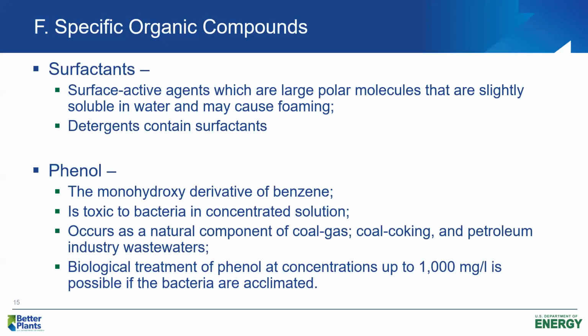But if the bacteria have an opportunity to become acclimated to phenol and get used to it, then typically in activated sludge, we can handle phenol concentrations as high as about 1,000 milligrams per liter. And with acclimated bacteria, the process will readily oxidize the phenol to carbon dioxide and water.